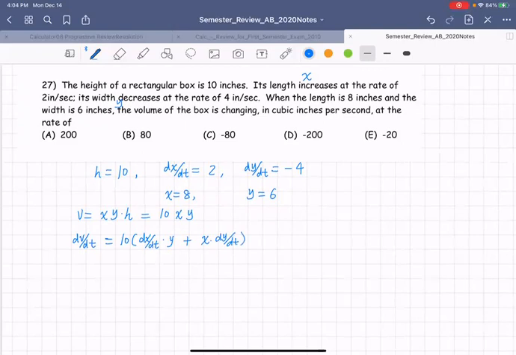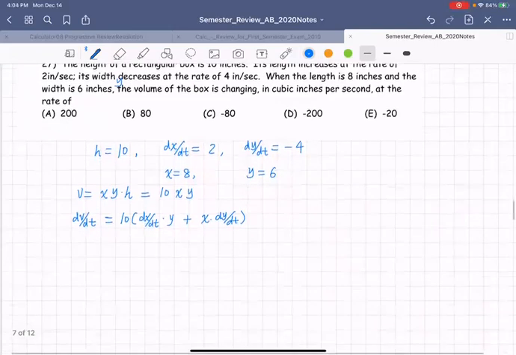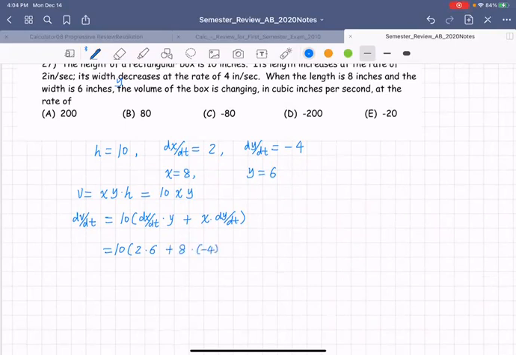That makes sense? Now dx over dt is 2, and y is 6, and x is 8, and dy over dt is -4. So this is 10 times 12 minus 32.